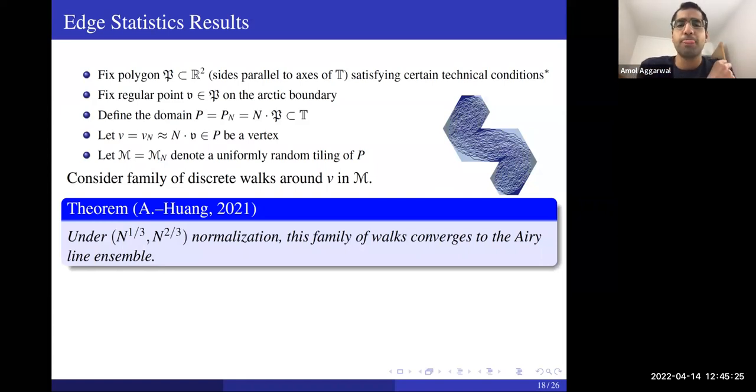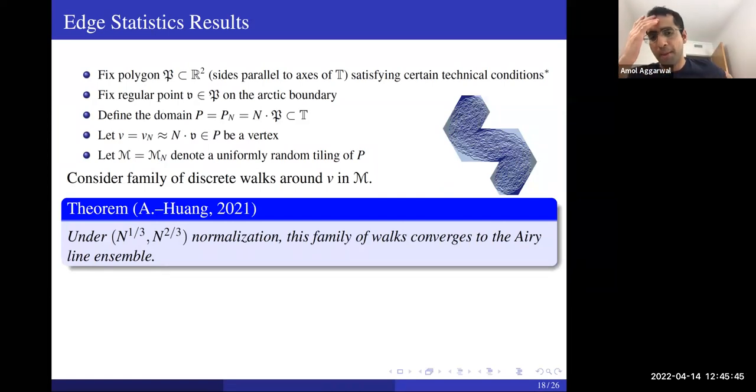Okay, then we'll fix some smooth point v on the Arctic boundary, and we'll define Roman P by blowing up this continuum polygon by a factor of n. And we'll let v denote, again, this continuum v multiplied by a factor of n, and it's some vertex in my domain.